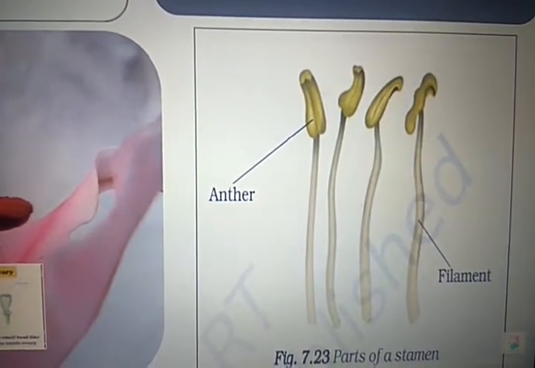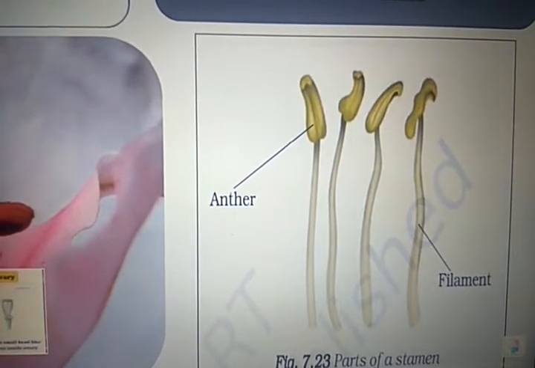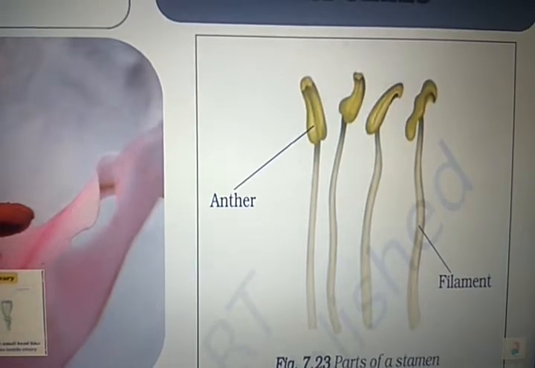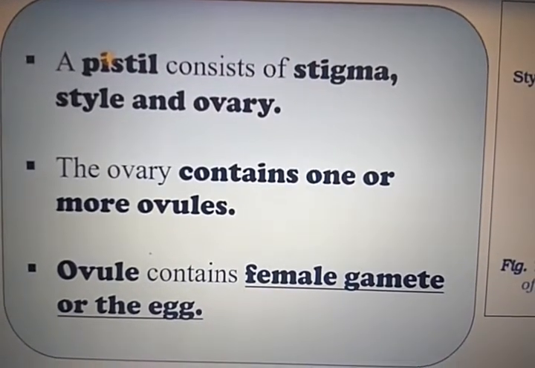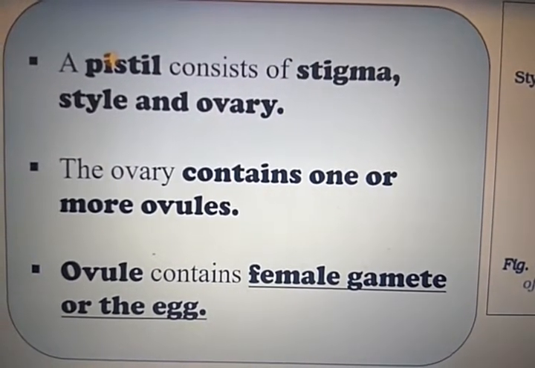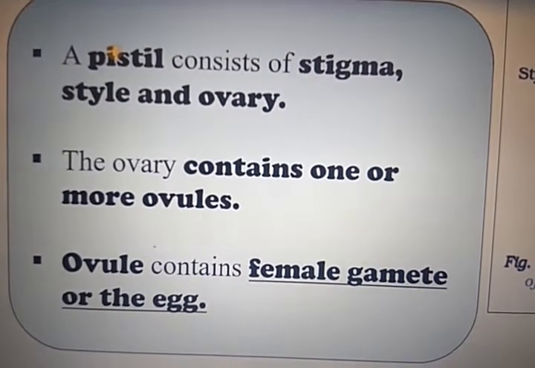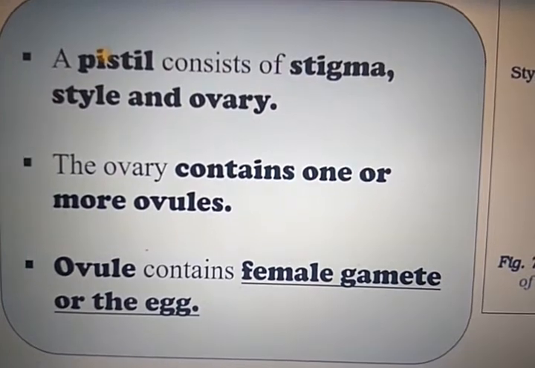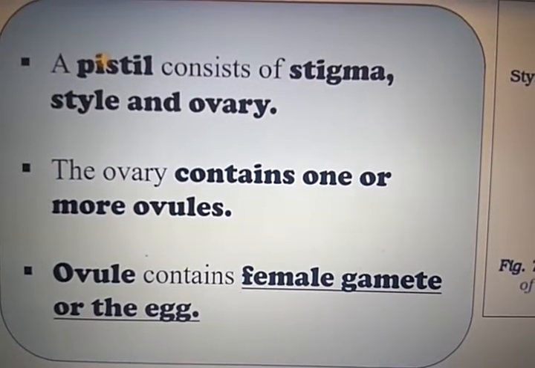Here anther produces pollen grains which contain male gametes. Similarly, a pistil consists of stigma, style and ovary. The ovary contains one or more ovules. So ovule contains female gametes, or you can say egg.